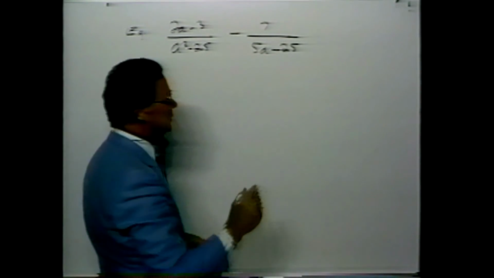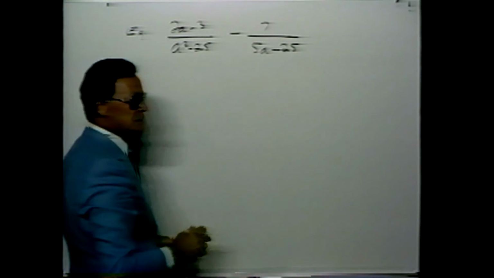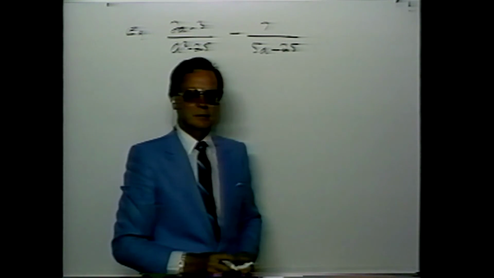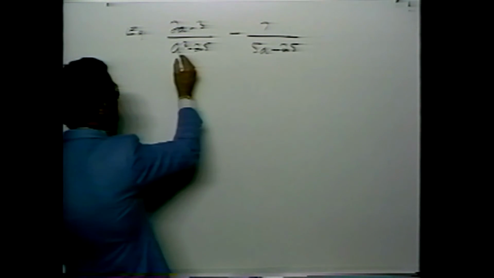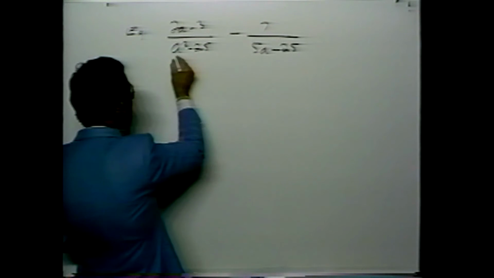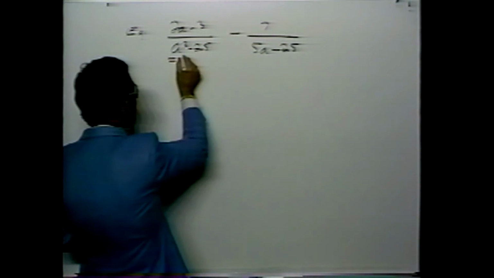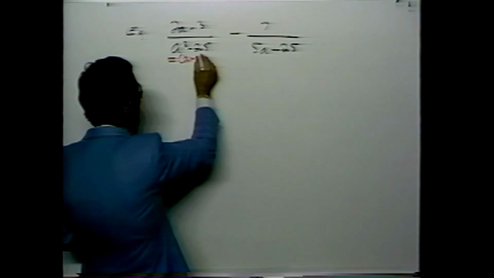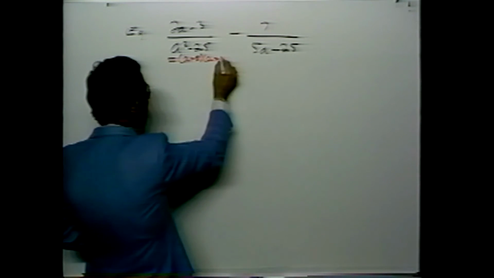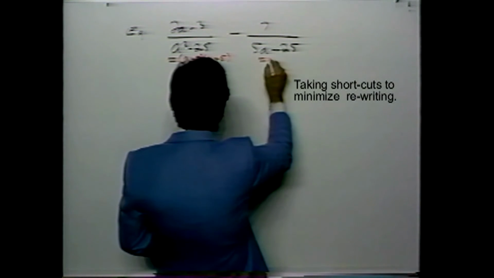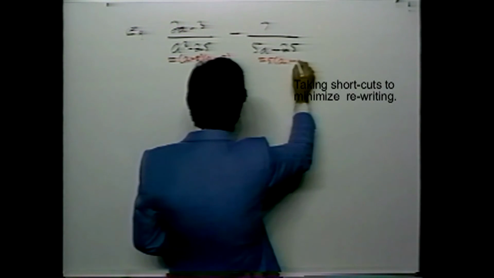Let us write the solution to this in as compact form as possible. Simply show the factors under the denominator like this: a minus 5, a plus 5. Over here I have 5 followed by a minus 5.